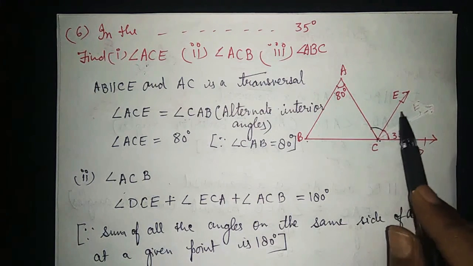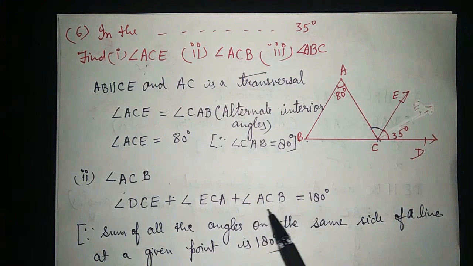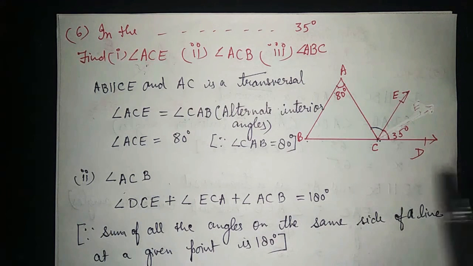You can see these three angles are forming on a straight line, so their sum you will write is equals to 180 degree.